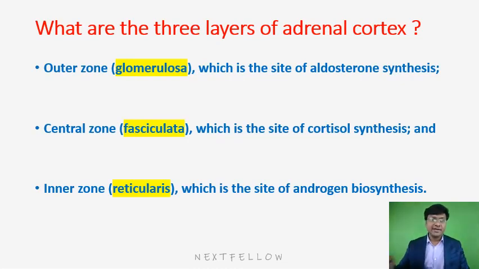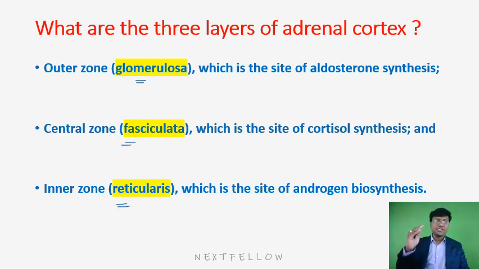Now, within the adrenal cortex, we have a total of three layers. What are the three layers? If you take from outer side to inner side, the outermost layer is the zona glomerulosa, the middle layer is the zona fasciculata, and the innermost layer is the zona reticularis.